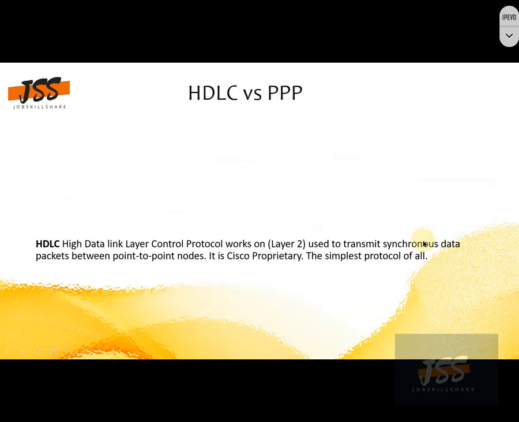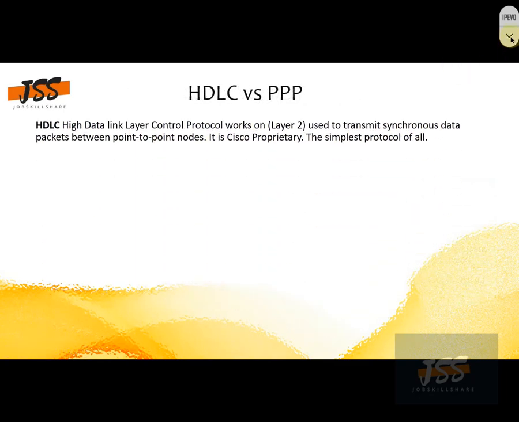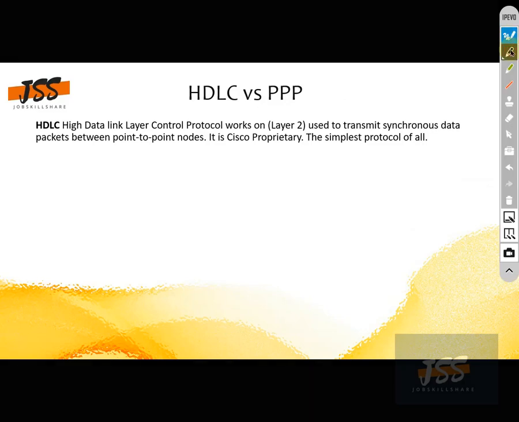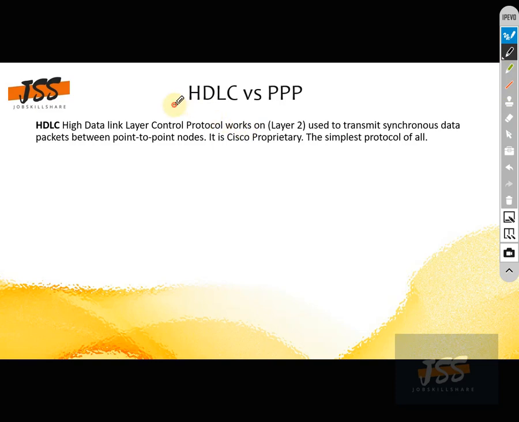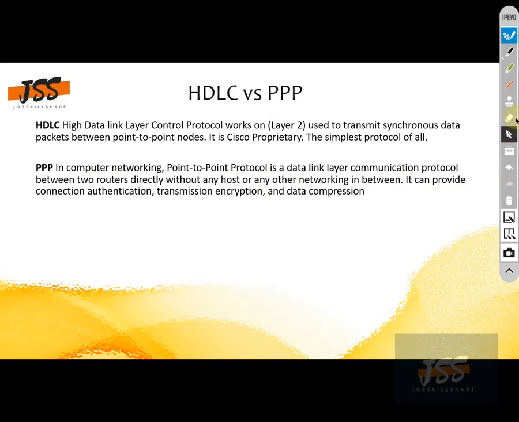Since we are here on the WAN, these are the two most important protocols being used in a WAN: HDLC and PPP.